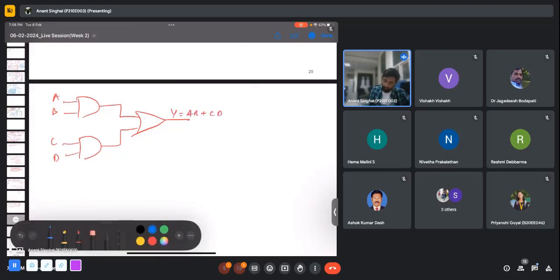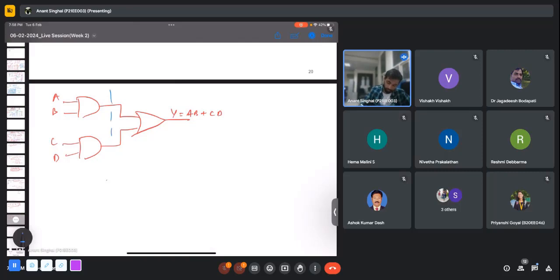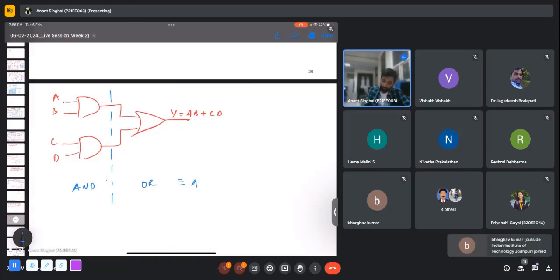So why do we call it AND-OR implementation? If I cut this circuit, here there is an AND implementation, here there is an OR, which leads to this AND-OR implementation, or I can say the same as SOP implementation basically.